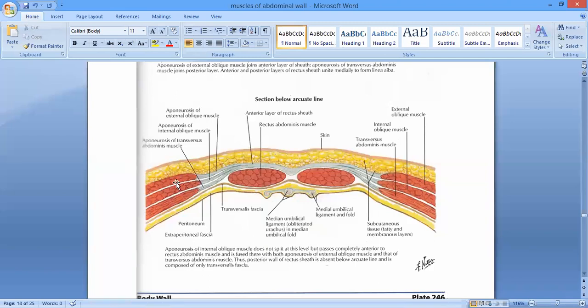You can see all the 3 aponeuroses passing in front of the rectus. So anteriorly, anterior wall is formed by all 3 aponeuroses. And posterior wall, this brown line, is representing the fascia transversalis. So here this muscle lies directly over the fascia transversalis.